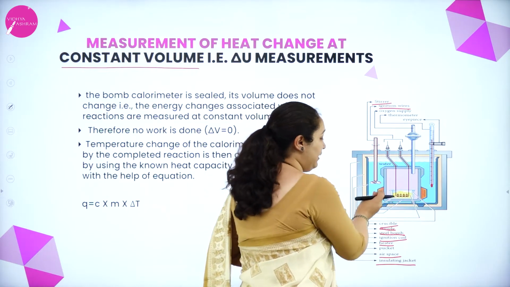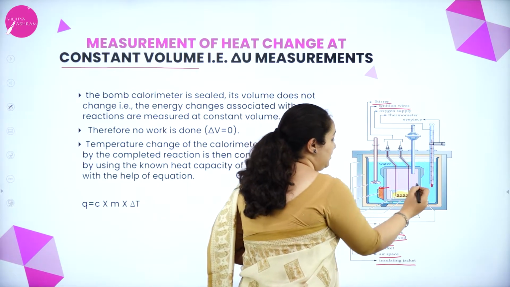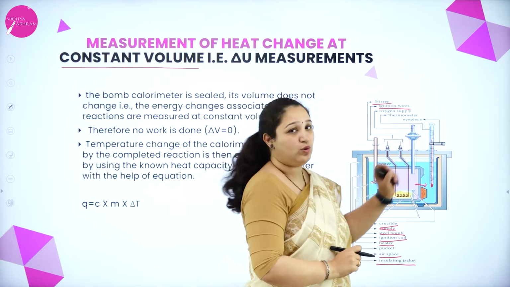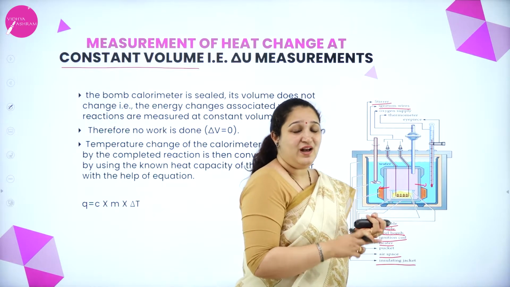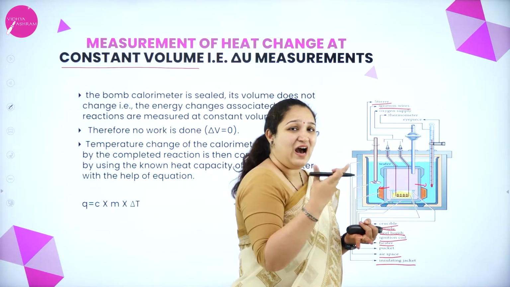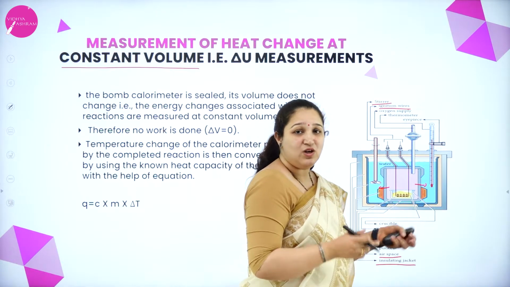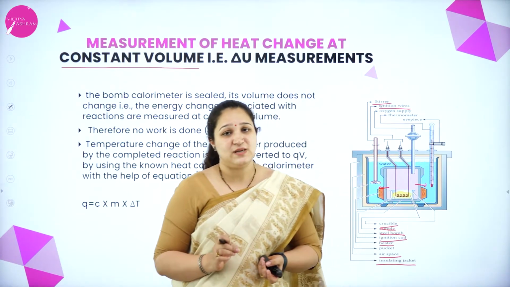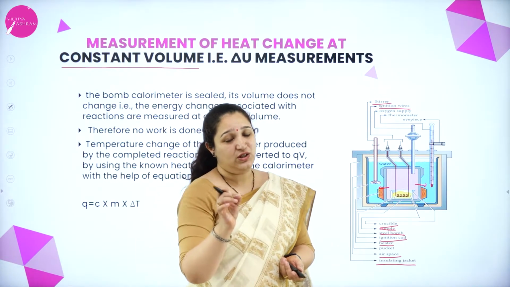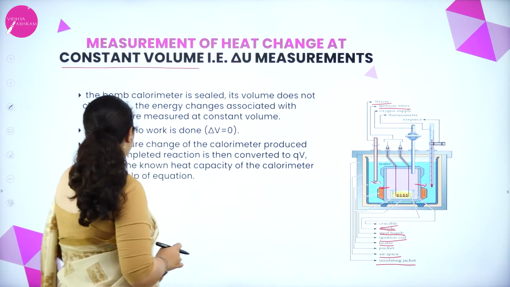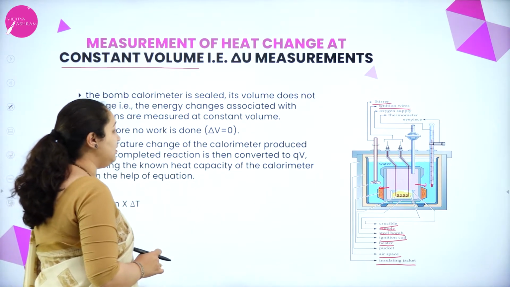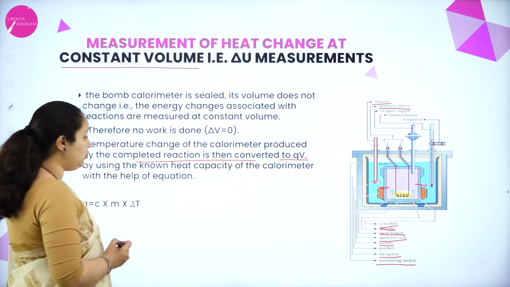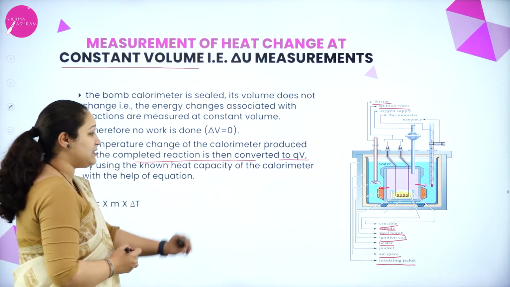So when the heat is liberated, the change in the temperature of the water around is what is noted. The initial temperature is noted, and the final temperature is noted after the entire reaction has happened. So you know how much heat is liberated during the combustion of the substance, which will be used for calculating delta U. The temperature change of the calorimeter produced by the complete reaction is then converted to QV by using the known heat capacity of the calorimeter.